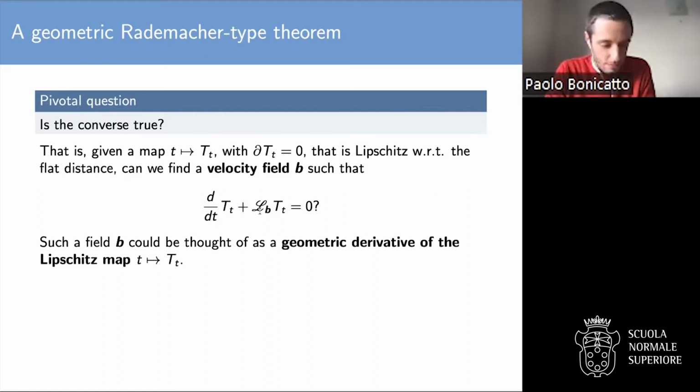So again, if you consider the picture that I presented before, imagine a collection of loops wandering around in the plane or in R3, for instance. Your assumption is just this control on the flat distance between them, I mean, Lipschitz regularity with respect to the flat distance. Can you find an advecting field, a velocity field, which is driving their evolution?